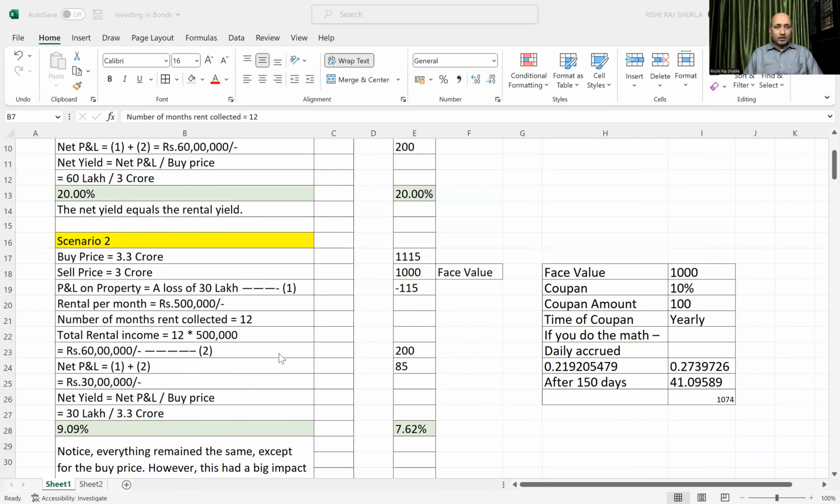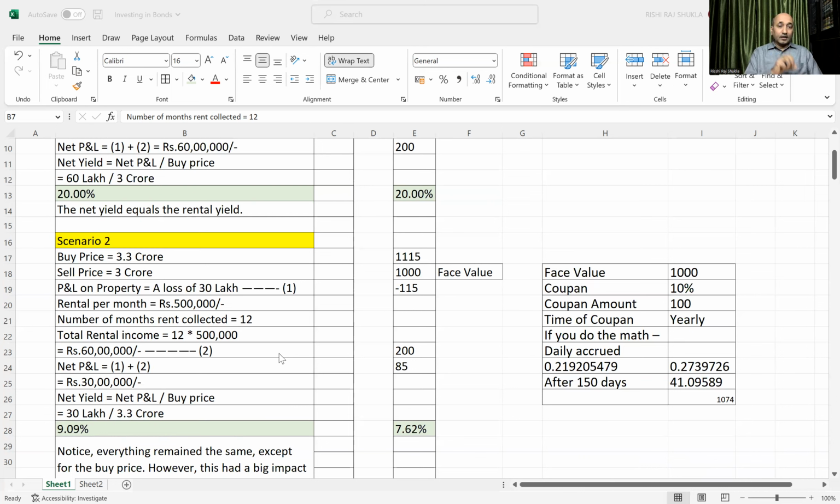So what is the change? Net profit after sale of property, how much? There is no profit. Actually, there is a loss of 30 lakh because you have purchased at 3.3 crore but sold at 3 crore only. So 30 lakh of loss.